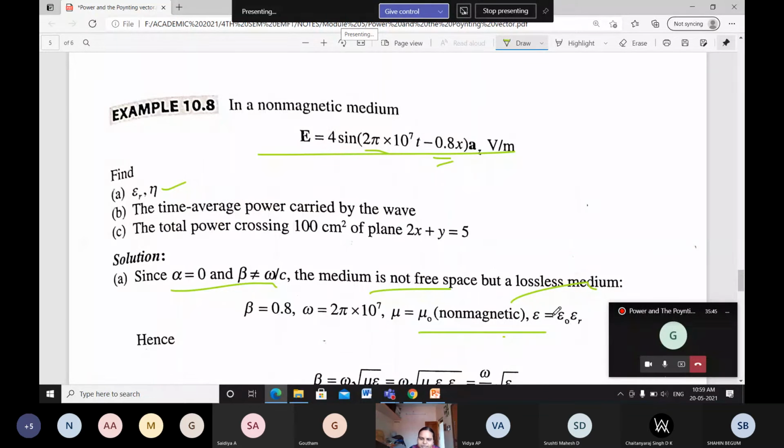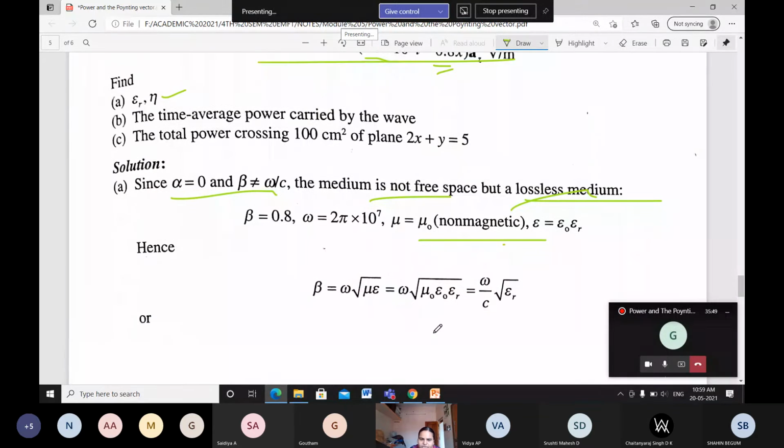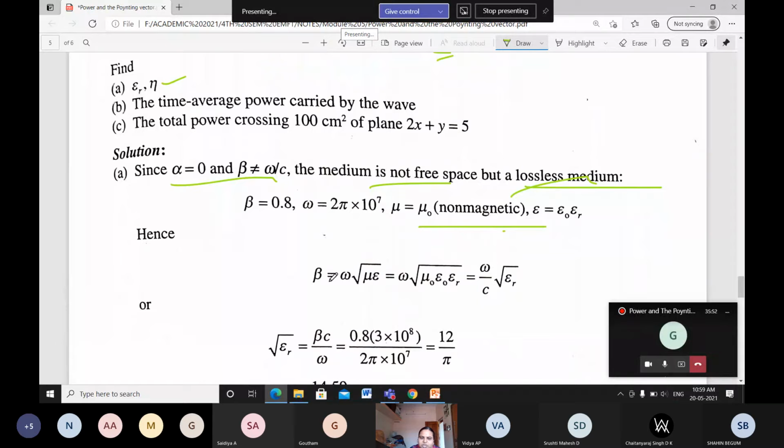Then epsilon is going to be epsilon naught into epsilon r, because it's a medium. For that reason, beta is going to be, use the equation, omega square root of mu into epsilon. Then that is going to be mu naught epsilon r, equal to omega by c into square root of epsilon r.